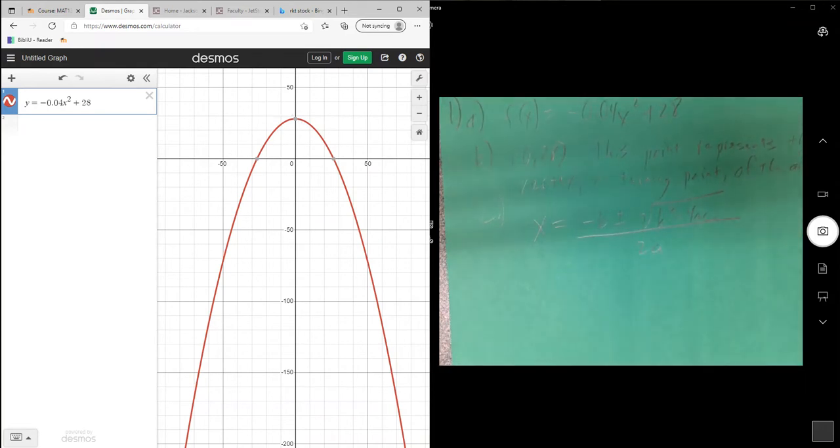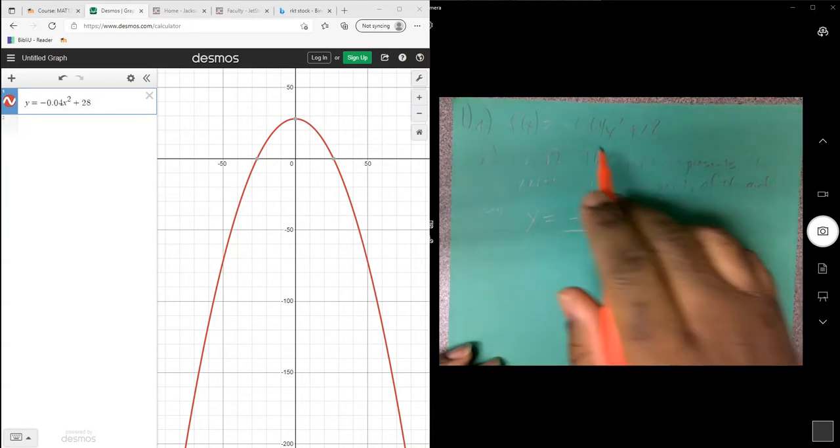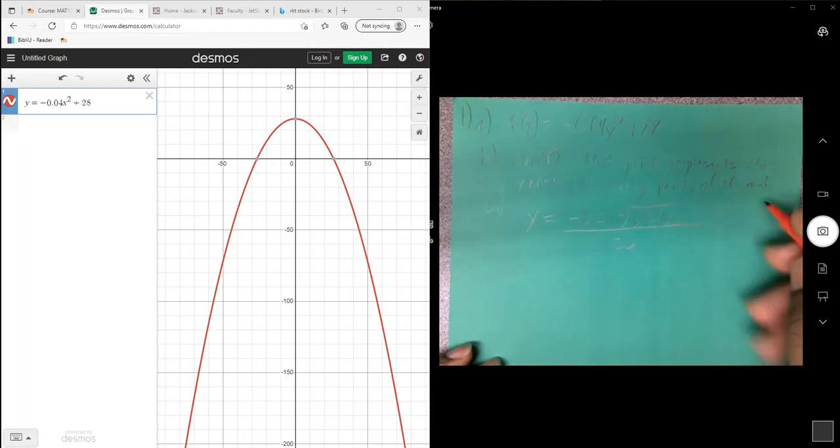Now, we could take this formula, so we're going to do some substitution here. I'm going to switch to this marker because there's a little glare here.